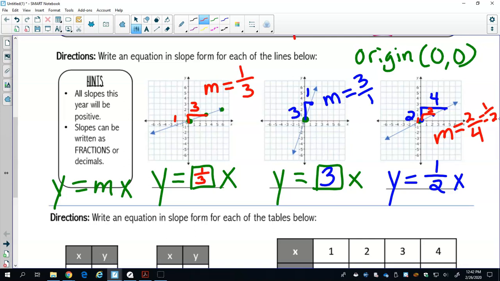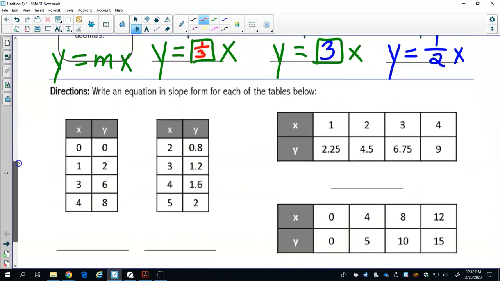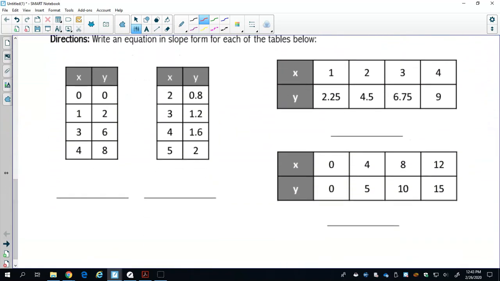So let's take a look at slope now from a table. To get slope from a table, you're looking at the relationship between x and y. So you're looking for what you do to x to get y. Looking at this table, you could probably see from this first one, x to y, 0 to 0, 1 to 2, 3 to 6, 4 to 8.